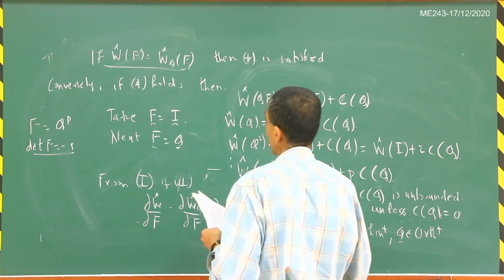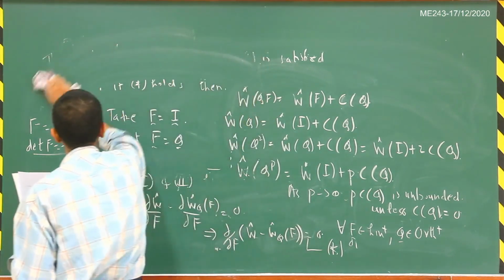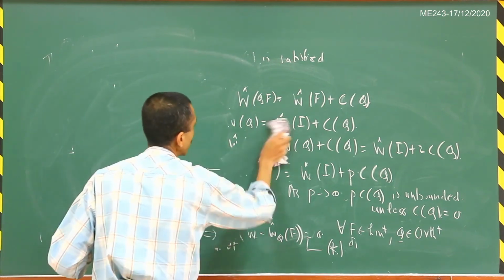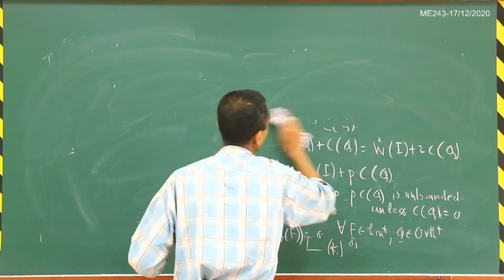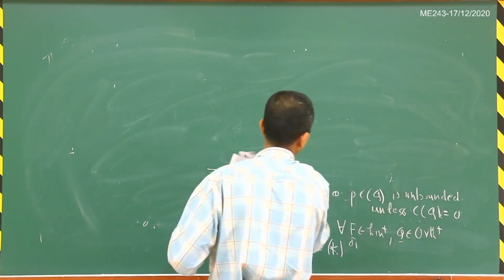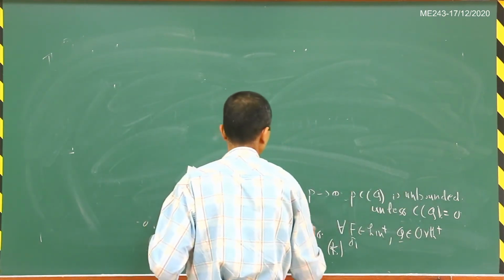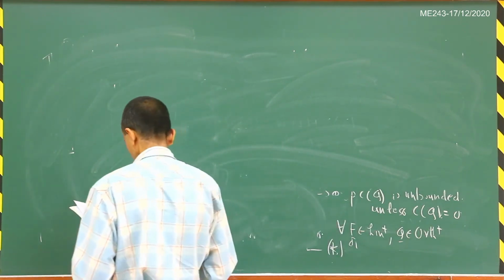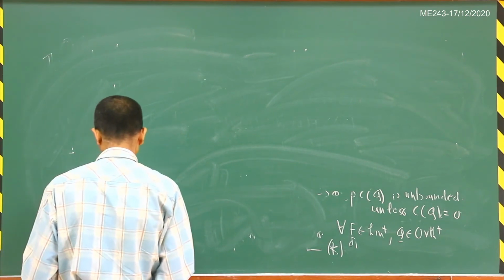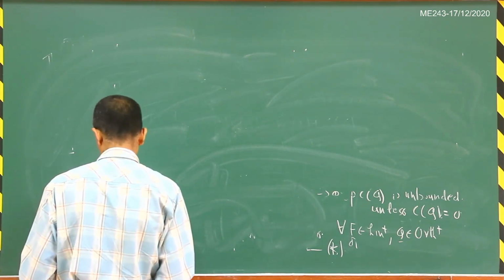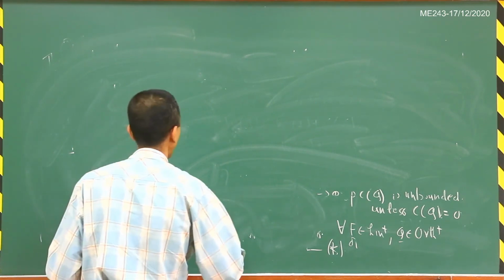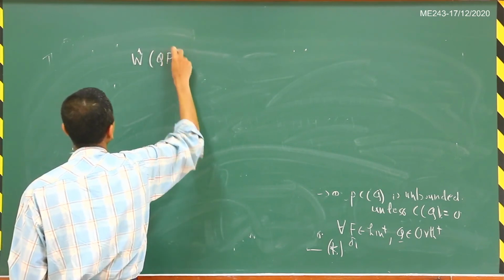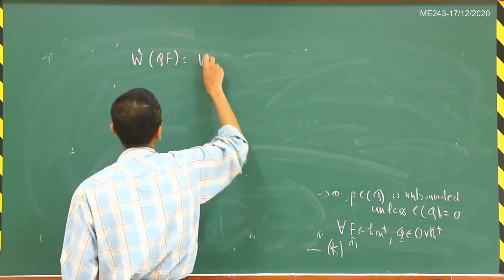So let us now write this. So what we have now shown is that w hat of qf is equal to w hat of f, right?